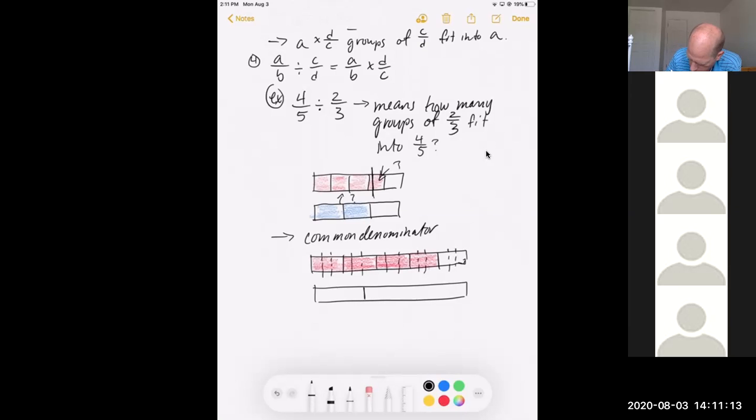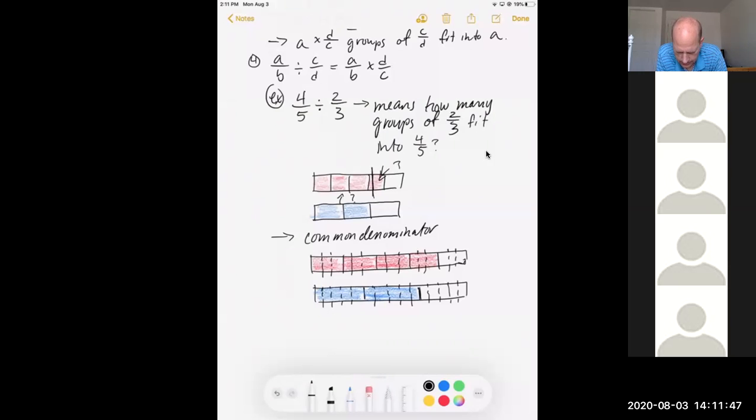I'm going to take my thirds and divide those into 5 parts each. You have like parts. This is kind of a little strategy that you can use to divide fractions: just find a common denominator and divide.